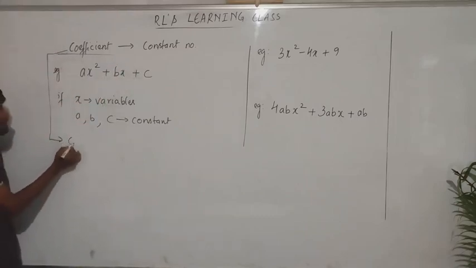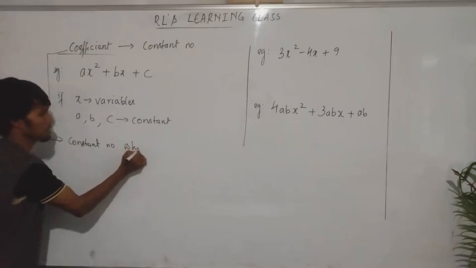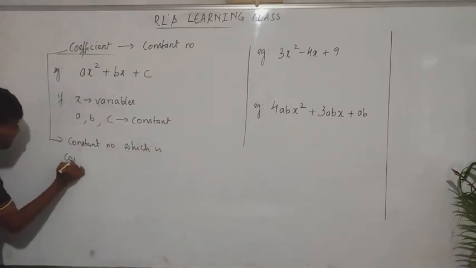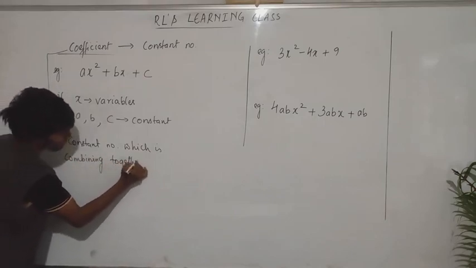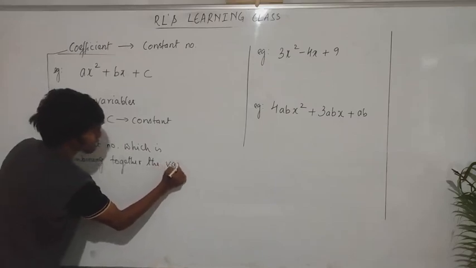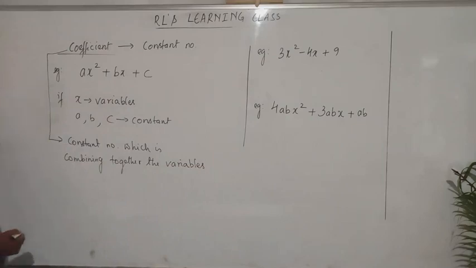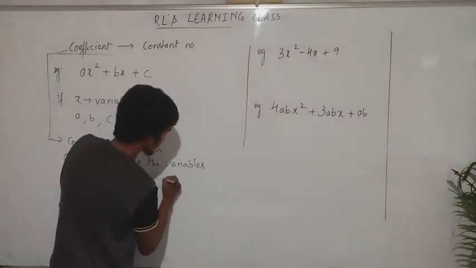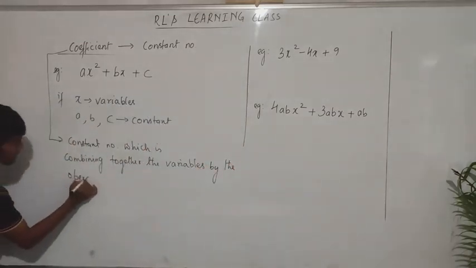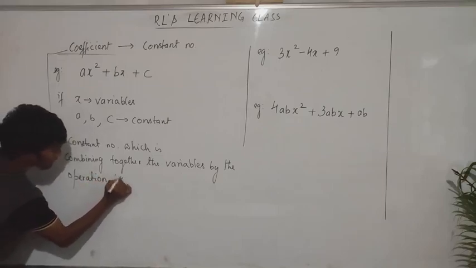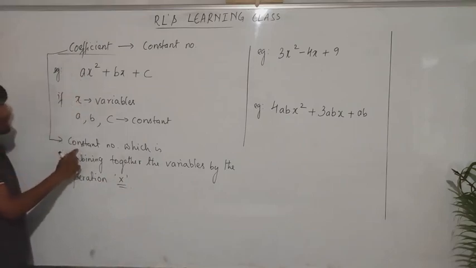Coefficient means a constant number which is combined together with the variables by the operation of multiplication.